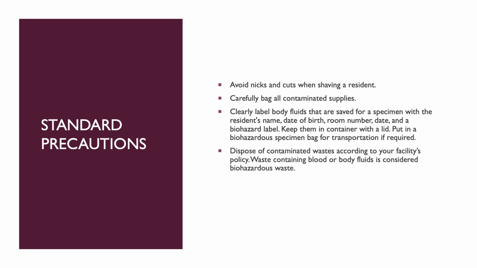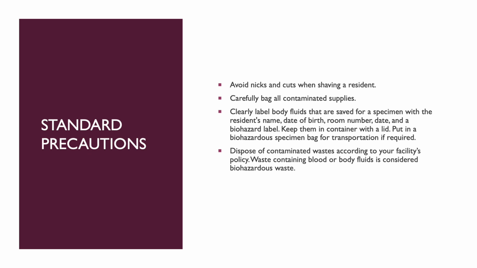If you ever collect any bodily fluids for a specimen collection, you always want to make sure that you label it correctly. What should go on that label should be the name of the patient or resident, their date of birth, their room number, and then making sure the date and a biohazard label is on it.